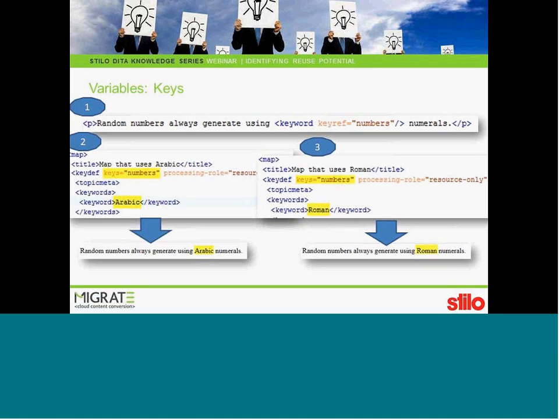On the left side, under number 2, I've got my first map, where I'm defining my key. I want that key to be resolved as the word Arabic in that sentence. So you'll see the arrow down: in that sentence, it now comes out as Arabic when I publish through that map. When I publish through the map under number 3, I want it to come out as Roman. So I've got one element, and this could be whatever, it could be an entire topic that you're using this in. You can use the keys anywhere.